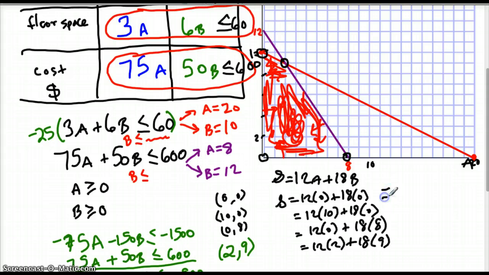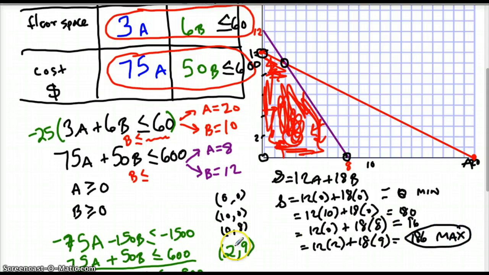And if you do that math, you should get 0, which is your min, and 120, 144, and 186, which is your max. So woohoo, we found it. We should buy 2 cabinet As and 9 cabinet Bs.